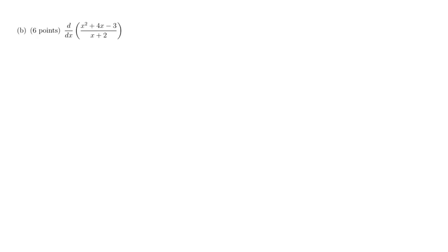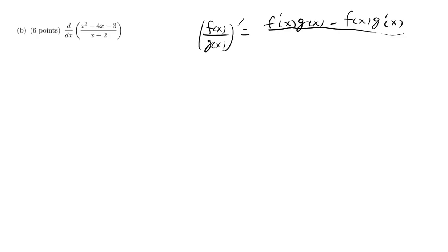Now this one, you need the quotient rule, which says f of x over g of x prime is f prime of x g of x minus f of x g prime of x over g of x squared. Okay. And again, when you have a division, you're not allowed to differentiate top and bottom at the same time.